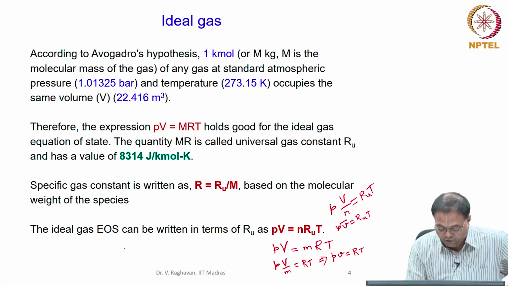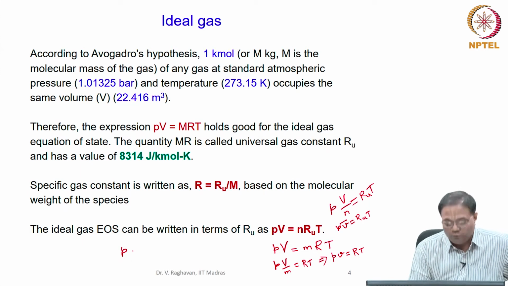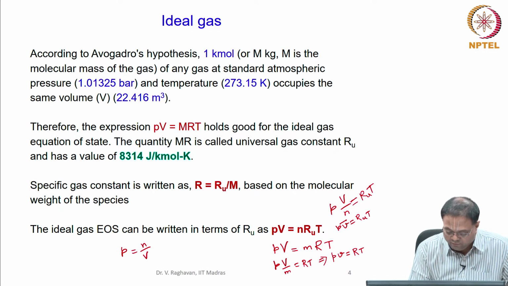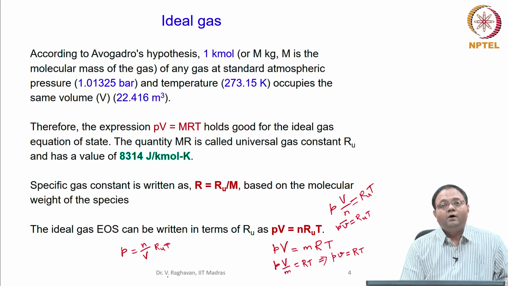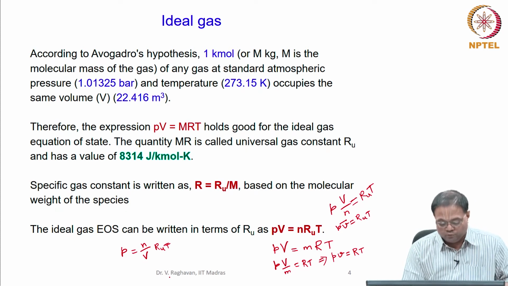Or you can also do this. I will write here P, and this V I will take to the other side, so P equals N by V times R U T. Now, this N by V is kilomole per meter cube. This is the concentration.